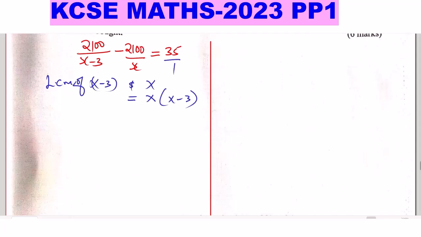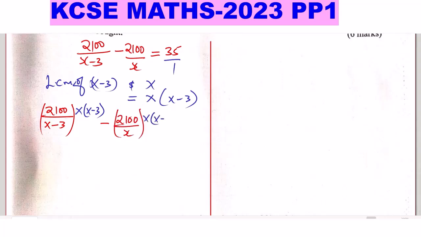So for example, you can take 2100 divided by X minus 3, and multiply that by the LCM. Then subtract 2100 divided by X, and multiply that one still by the LCM. Then equals 35. Again, for this one, you multiply by the LCM, like that.